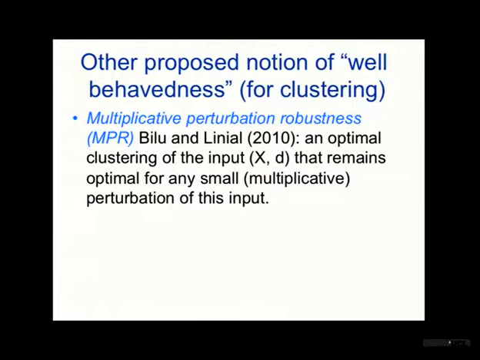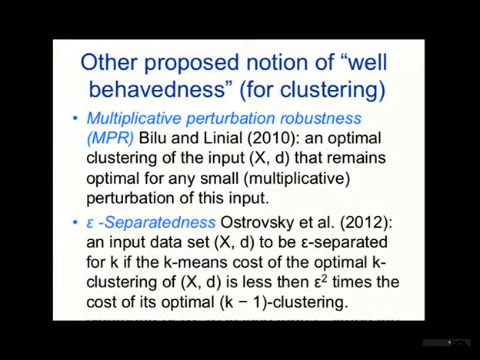You want that for every 2 points, the distance between those 2 points in I prime is at most an alpha factor of the distance between those 2 points in I. So you are allowed to change distances proportionally rather than additively. If you have a small distance, you're not allowed to change it by much. But if you have a large distance, you can change it by a lot. There is a question how natural that is and what are the results that you get.